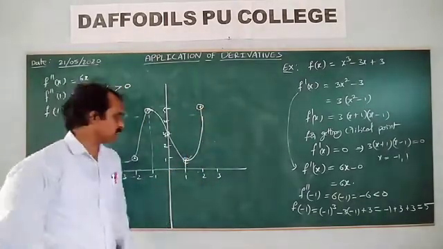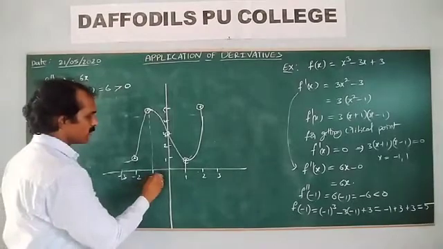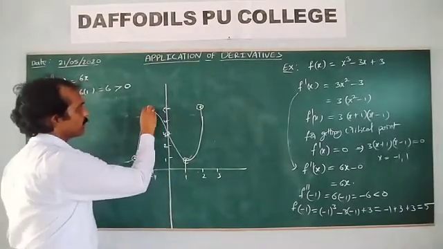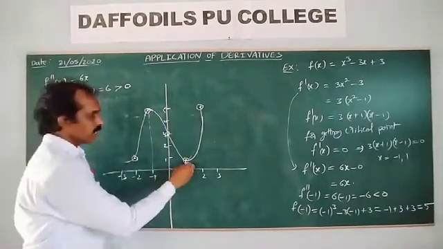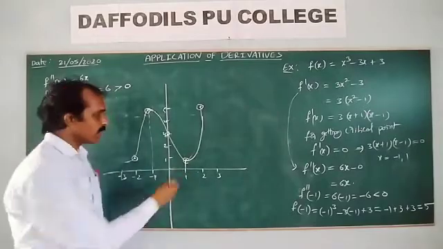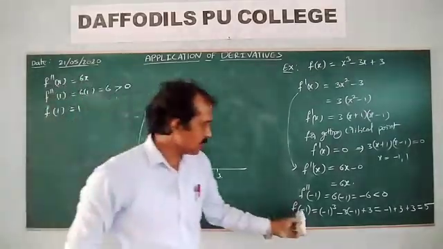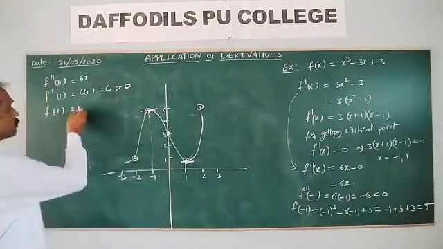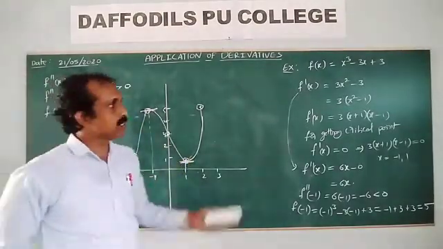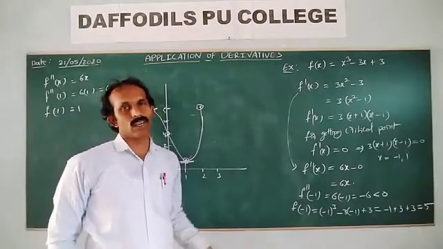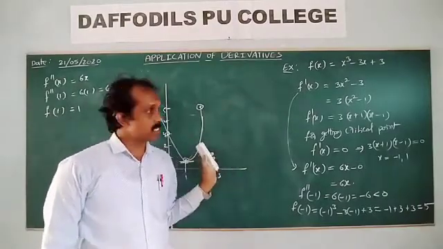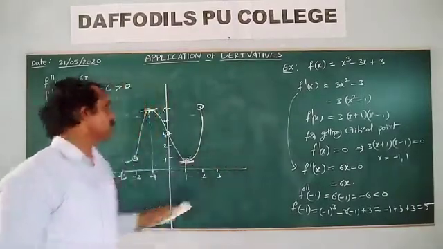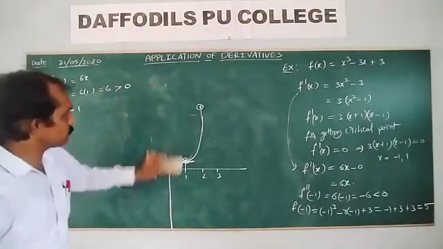Just for easy understanding, at critical points what? Minus 1 and 1. So at minus 1 is the maximum value and at 1 the minimum value. Clear? Like this, using the graph. So it's not necessary in the exam, just for easy understanding.